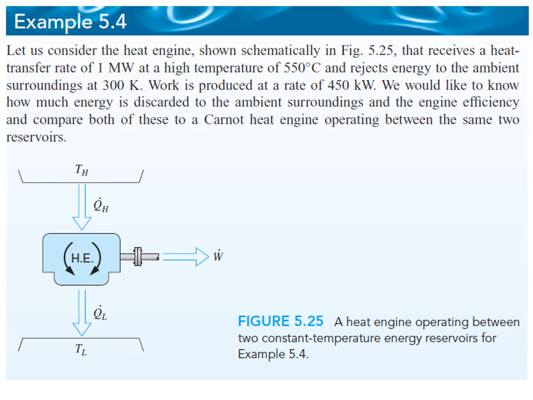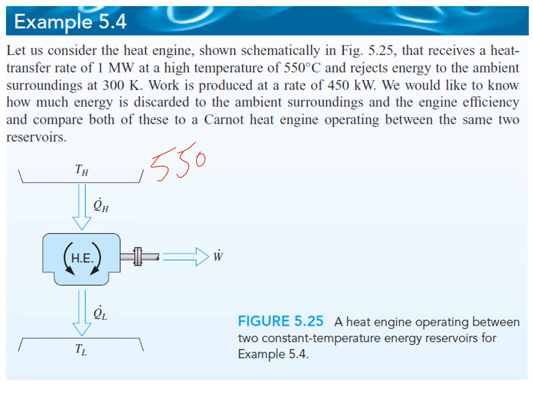This is quite simple. Now we do an example in which we find the Carnot efficiency and compare it with the actual efficiency. So let us have an example of a heat engine as shown in the figure, and that receives heat at a rate of 1 megawatt from a higher temperature reservoir at 550 degrees centigrade.